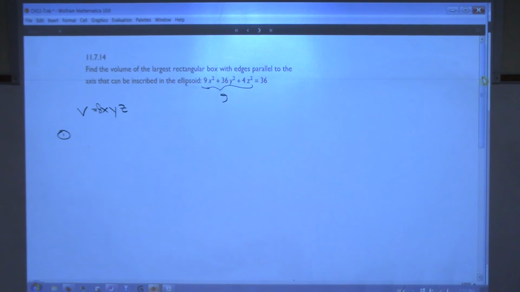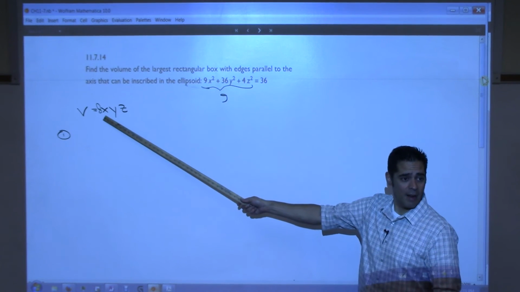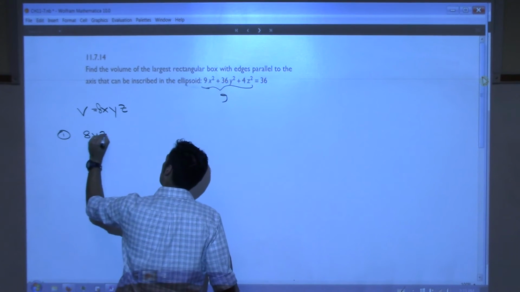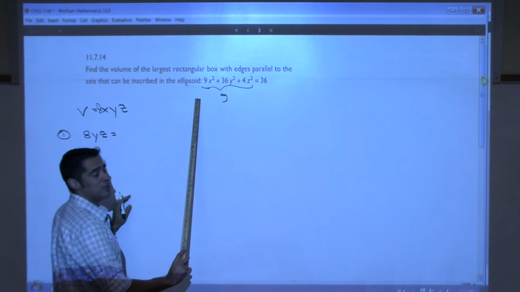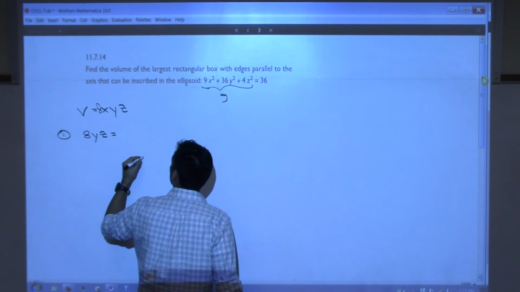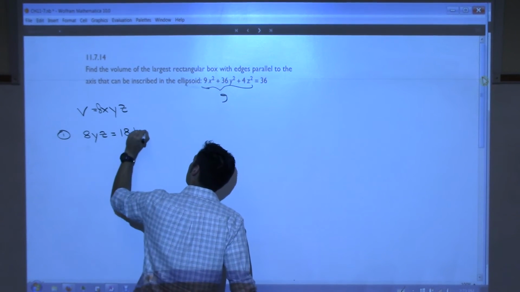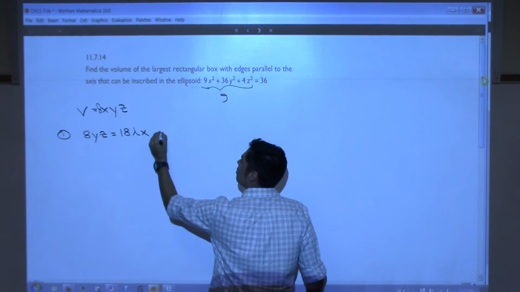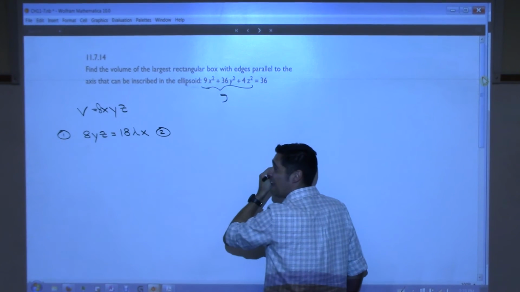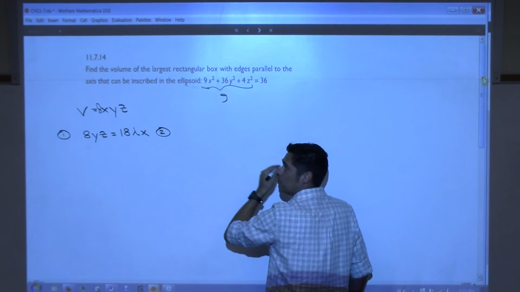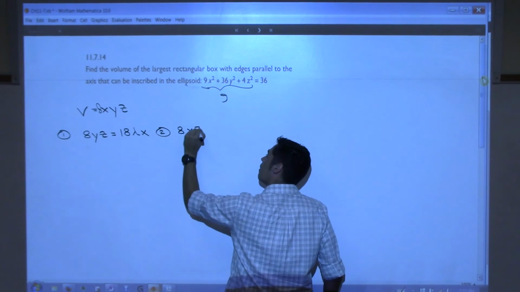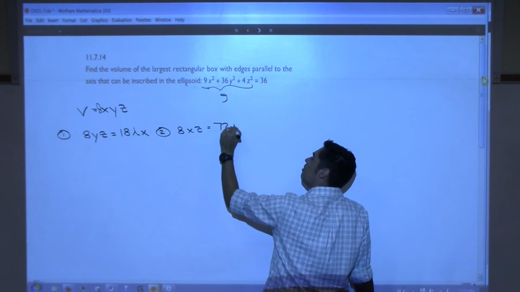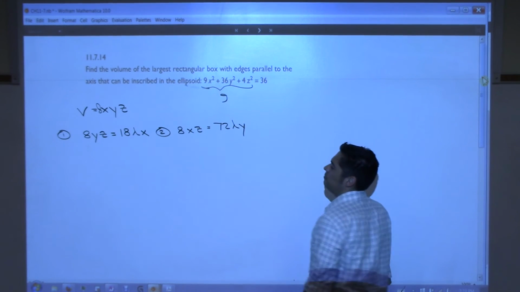Okay, first equation is the partial of this one with respect to x, which is 8yz equals the partial of this with respect to x, and then lambda, 18 lambda x. Yes? Second equation is 8xz equals 72 lambda y.